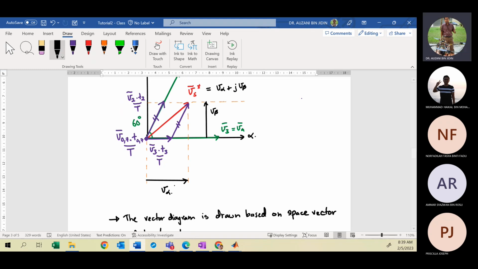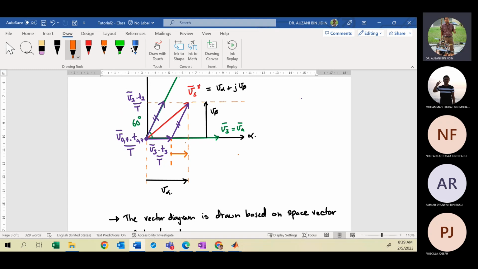Okay, so to calculate V alpha, you need to obtain the component vector here. Maybe this one I use orange color. So this component of vector. Maybe I need to draw first the line here, meaning the different point from here to here.